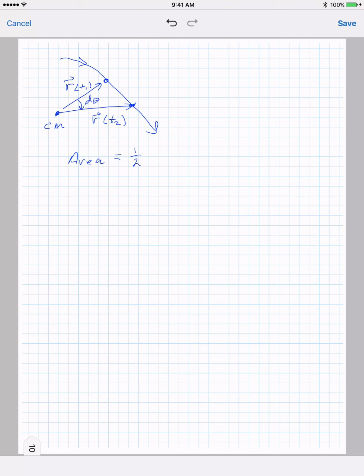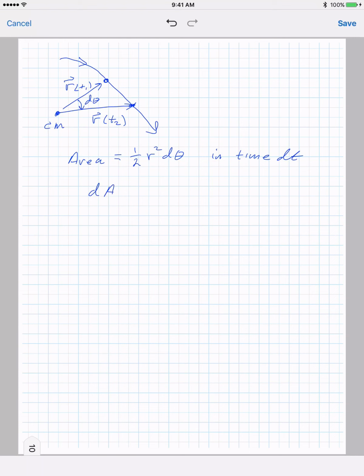It's going to be 1/2 r² dθ, since the area of a triangle is 1/2 base times height. The height we'll call r, and the base will be r dθ, so I get the factor of r². And this is in a time dt.